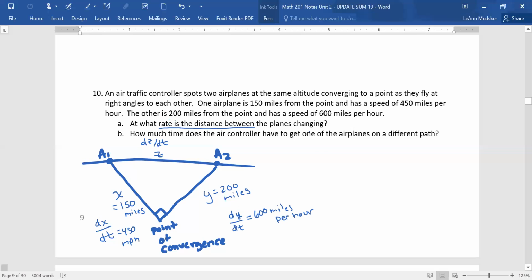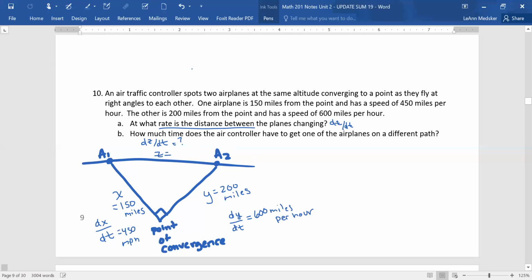So we're looking for dz dt, the distance currently between these two planes. Because as they're moving towards each other, imagine if you keep drawing that right angle triangle, it's going to shrink z. Because eventually when they meet, there will be no distance between the two planes. So we have to find z, because we're missing that. This is what we're looking for, but we need z as well.